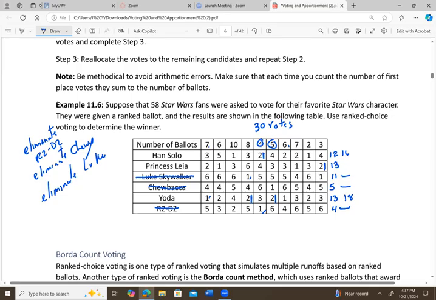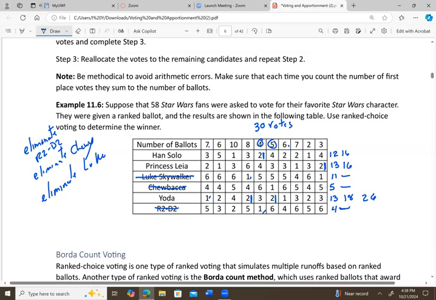So Yoda received 8 more votes, which puts him at 26. And Princess Leia receives 3 more votes, which puts her at 16.